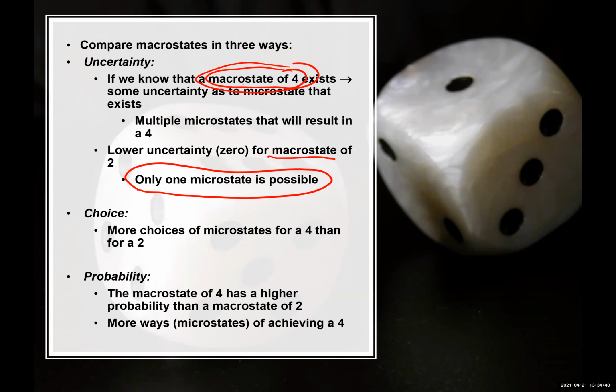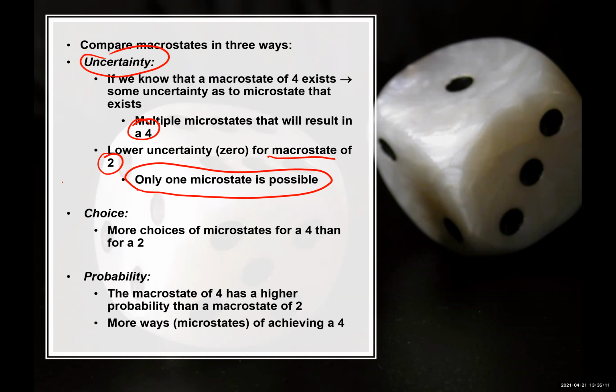Okay. Now, we can break this down into three important parts. First, we have the uncertainty. If we know that macrostate 4 exists, then there is some uncertainty as to which microstate exists. Comparing the uncertainty for getting 4 with getting 2, there's a lower uncertainty for the macrostate of 2.